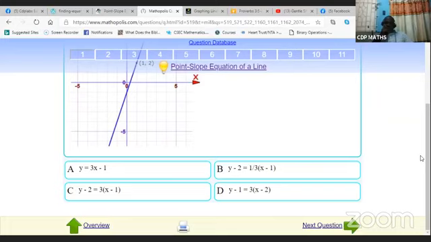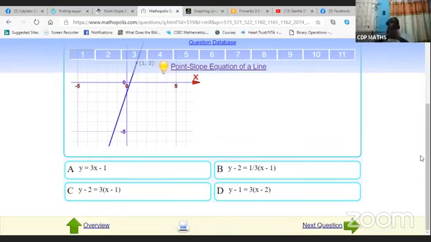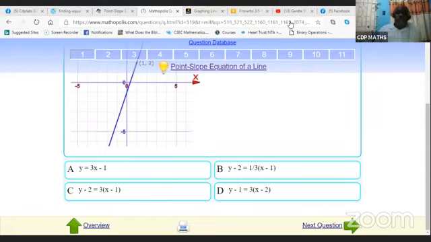Anybody want to try? Kiwin? Sir, I'm still working on it, sir. Okay. All right. Tangini? I'm still working it out. Okay.